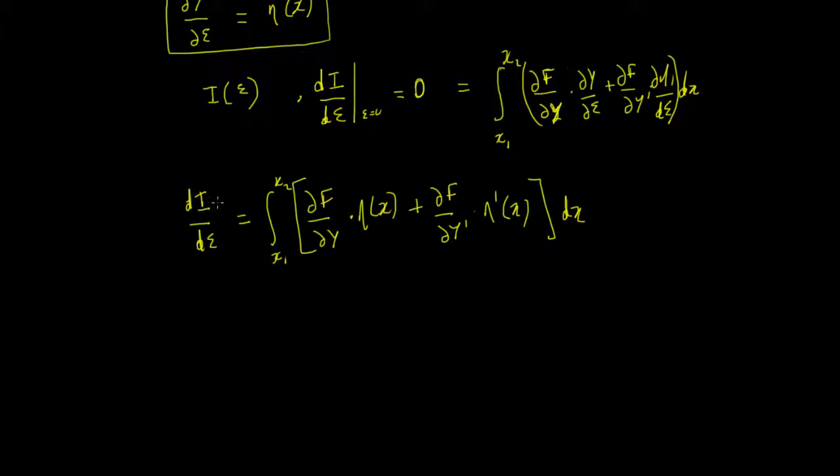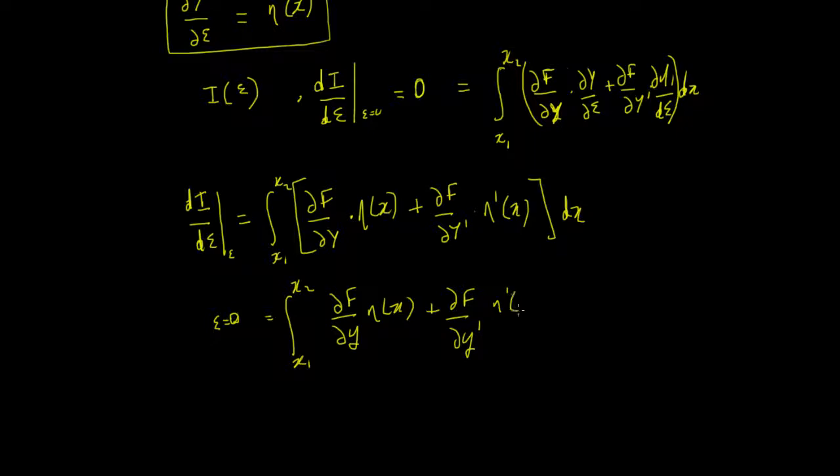So at epsilon equals 0, this becomes the integral from x1 to x2 of partial f by partial small y times eta of x plus partial f by partial small y derivative times eta derivative of x, all by dx.